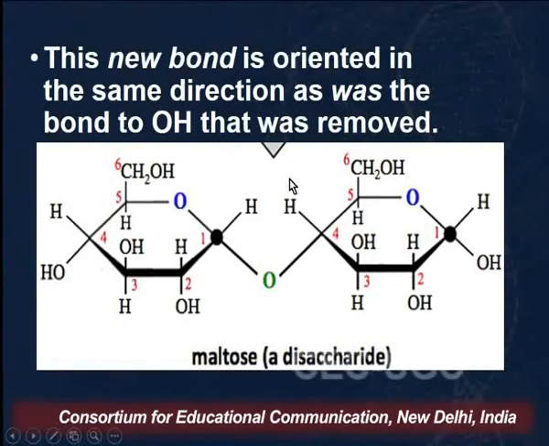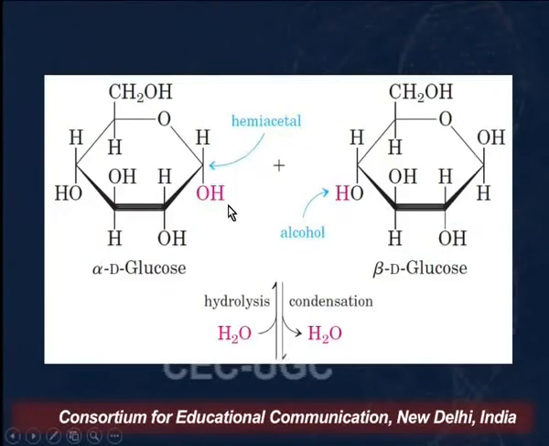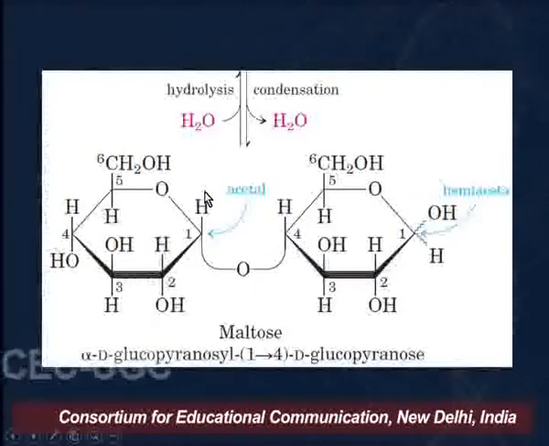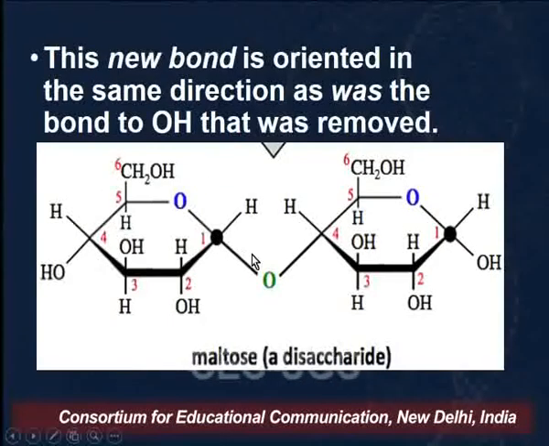The second thing, the most important thing to be noticed here, is that the direction of the new bond is in the same direction as was the bond to the OH that was removed. That is, if we go back one slide, we find that in this case the OH in glucose was pointing downwards. So similarly, when a glycosidic bond has been formed, here also the orientation of this bond is such that it is facing downward.